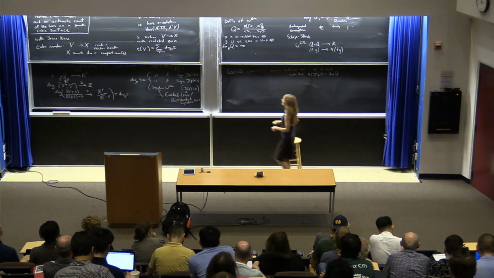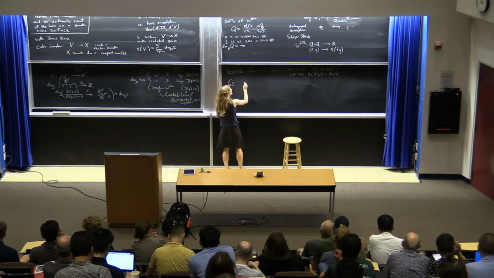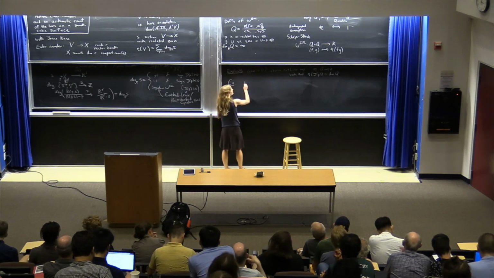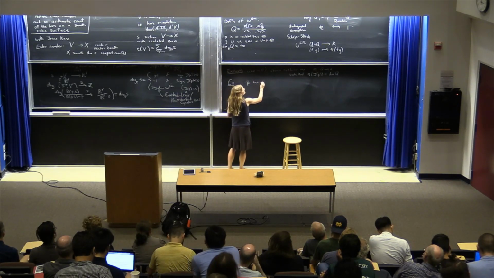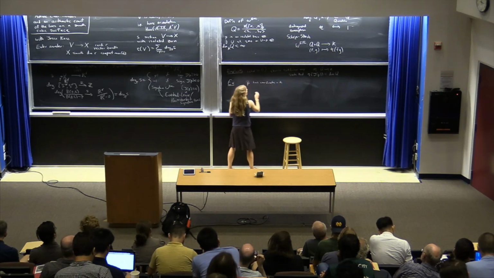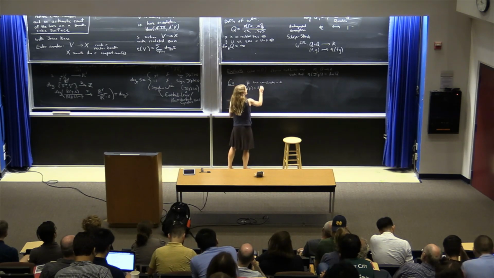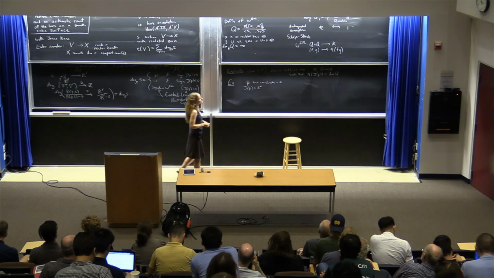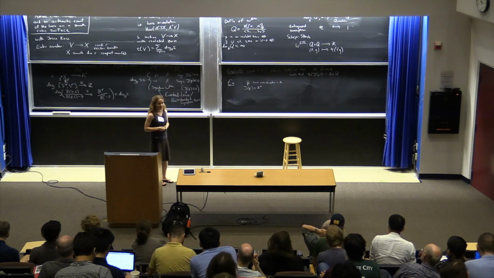So in particular, if your Jacobian was non-vanishing. So let's suppose that P is a rational point. So P has coordinates in K, and we suppose that the Jacobian at P is non-vanishing, which means that in Q, it's not in the maximal ideal.